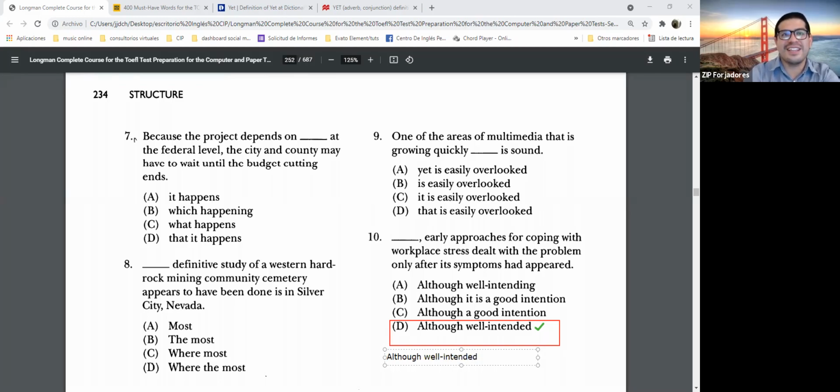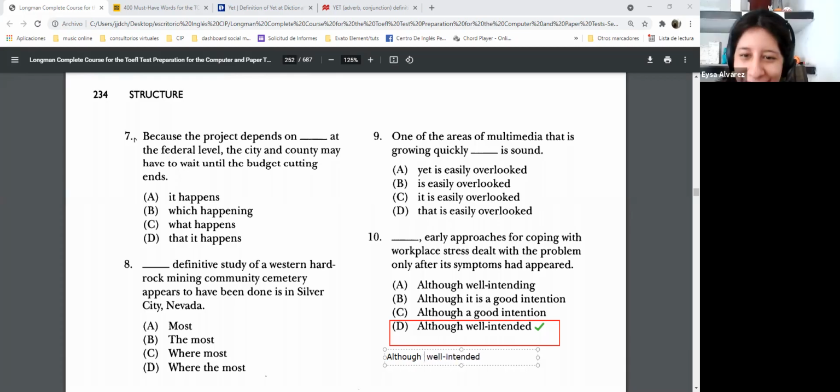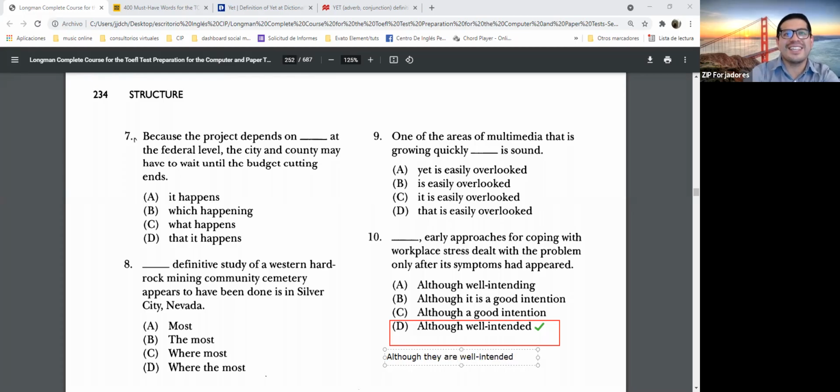So that means that the complete one would be that it is well intended. Oh, they are, because we are talking about the approaches, right? Although they are well intended, early approaches for coping with workplace stress dealt with the problem only after its symptoms had appeared. Okay, so this is the complete one.